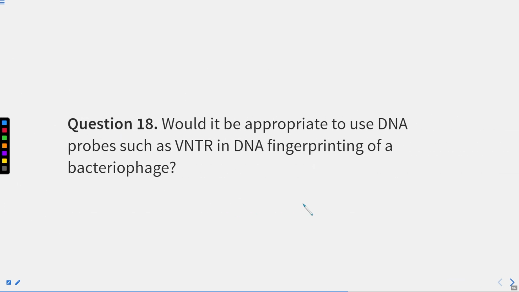Now, question number 18. Would it be appropriate to use DNA probes such as VNTR in DNA fingerprinting? Now, what are VNTRs? VNTRs are variable number of tandem repeats, and they are short nucleotide sequences, around 20 to 100 base pairs.